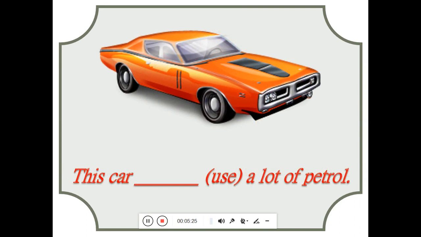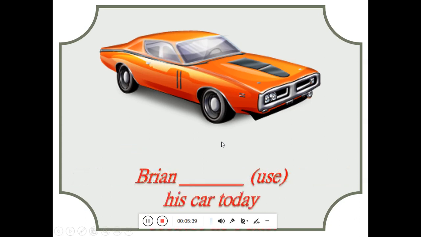This car uses a lot of petrol. So we notice that this car is a sports car. So it uses a lot of petrol. Brian is using his car today. So today is very important for us. Why?